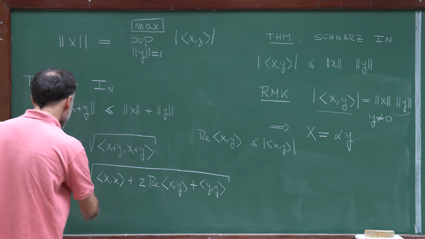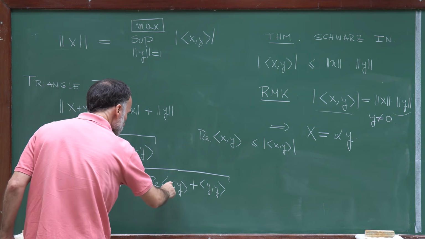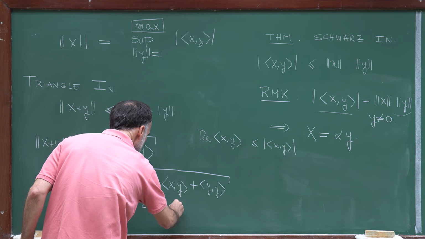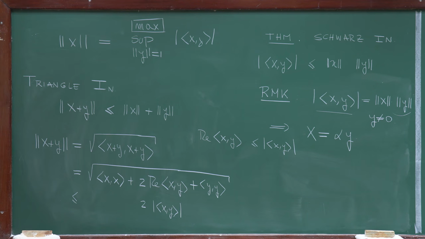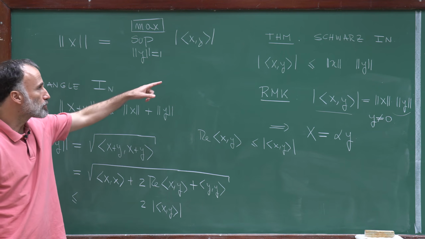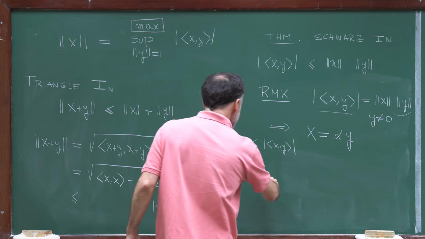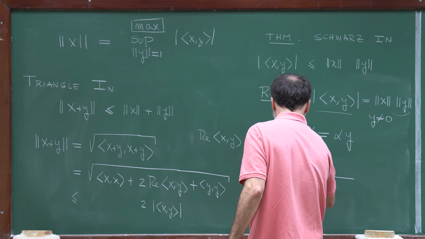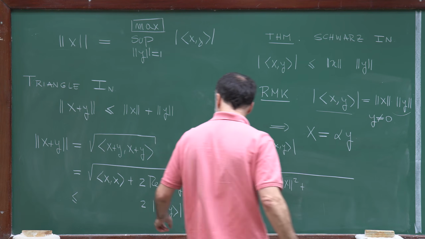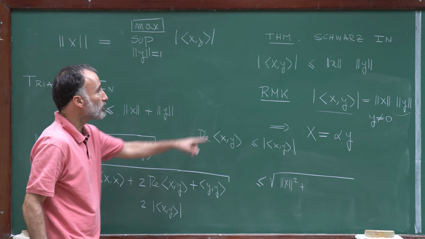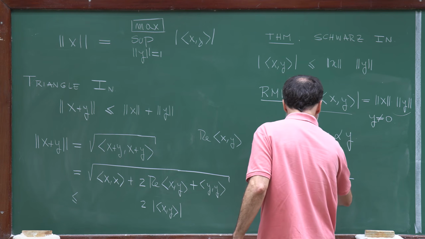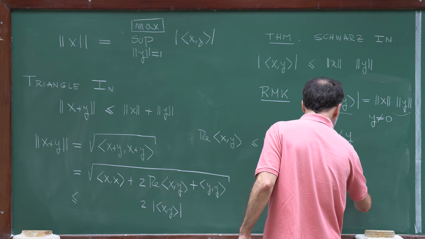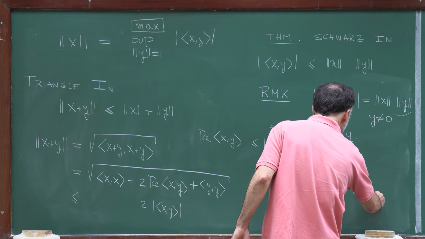So we can bound this by replacing the real part by 2 times the absolute value of the scalar product. Now we can use Schwarz inequality to say that this is bounded by the norm of x squared plus 2 times the norm of x times the norm of y plus the norm of y squared.